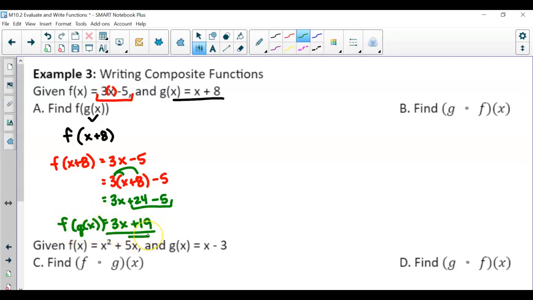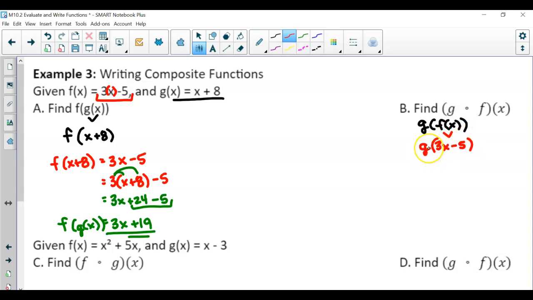So notice how we're not getting a numerical value, we're getting another function. So like here, if you need to rewrite this, so this is g of f of x. So f of x is 3x minus 5.